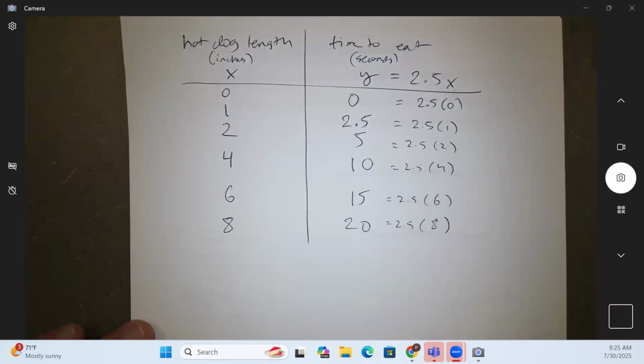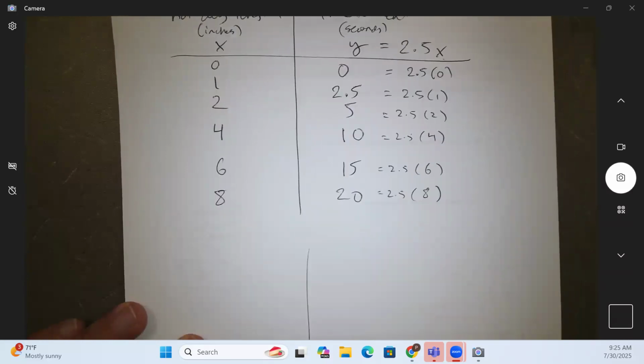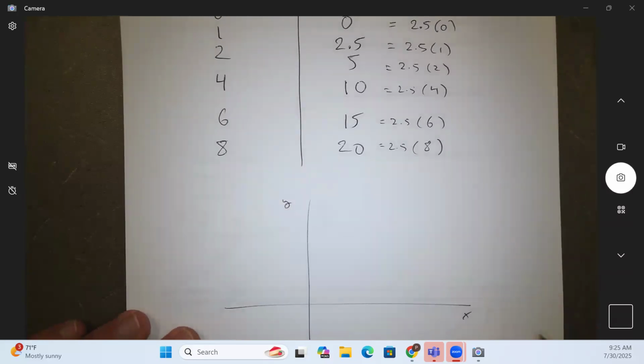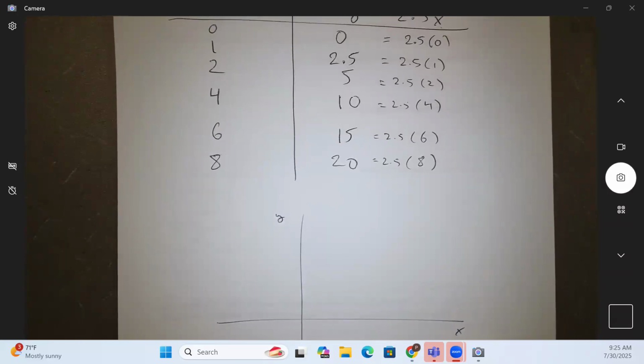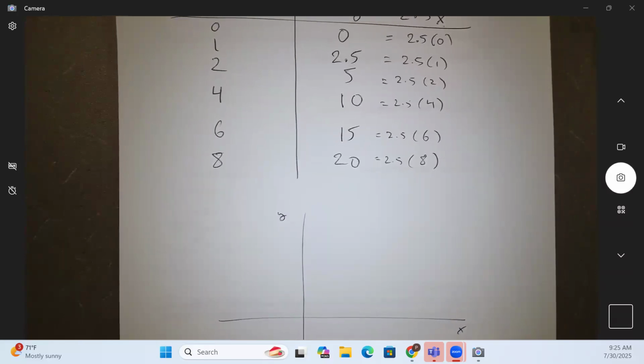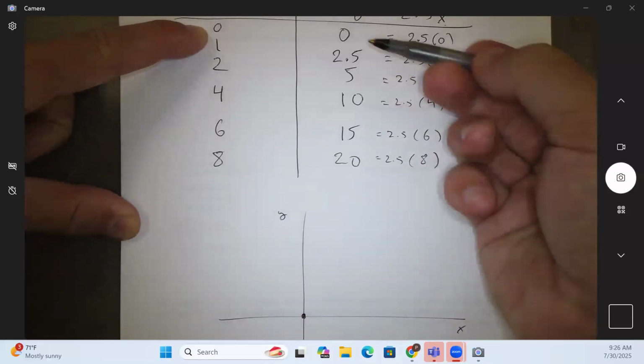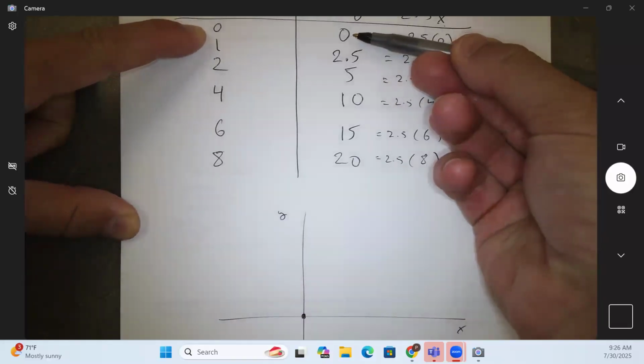If I were to show you as a graphical, where here's X, which is hot dog length, and Y, which is time to eat, where would the Y-intercept be? On this graph? 0, 0. Right, and we see that on our table, the Y-intercept is the output when X is 0.